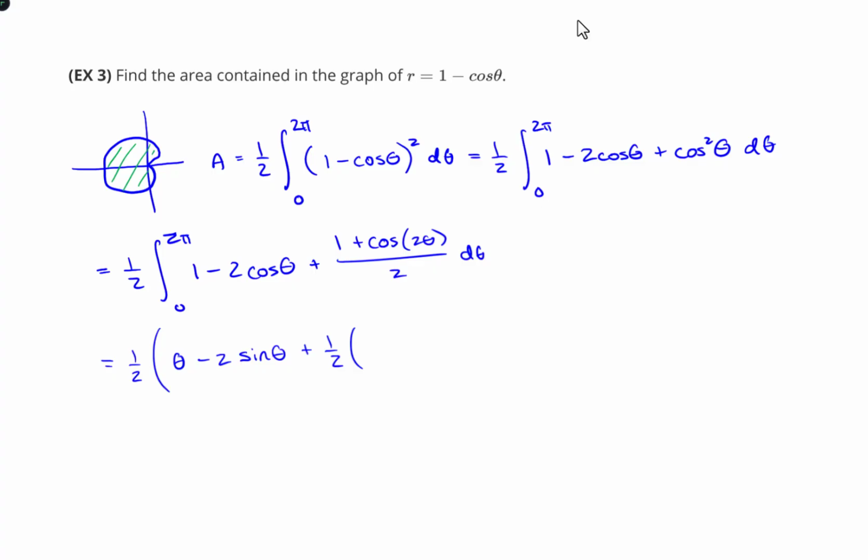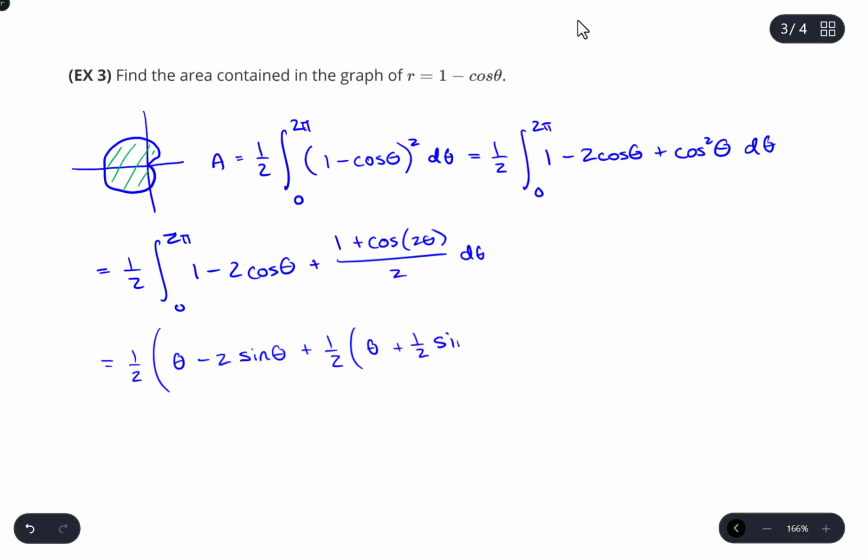The integral of the 1 plus cosine 2 theta: I would have another theta, and then the integral of cosine is going to be sine, but I have yet another factor of 1/2 because of the 2 theta. So 1/2 sine 2 theta. All right, and then that needs another parentheses, and everything's going to be evaluated between 0 and 2 pi.